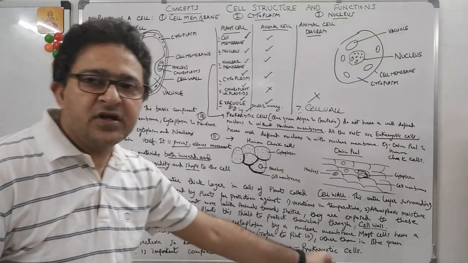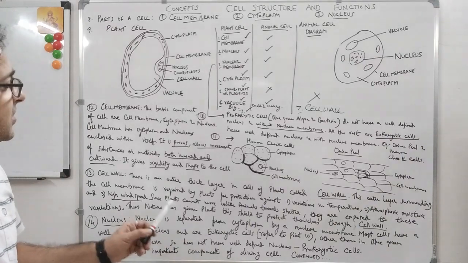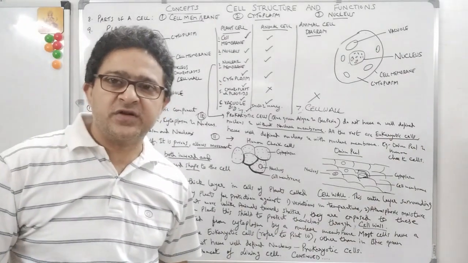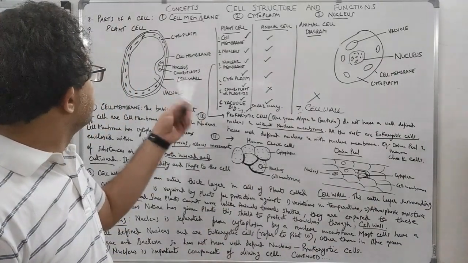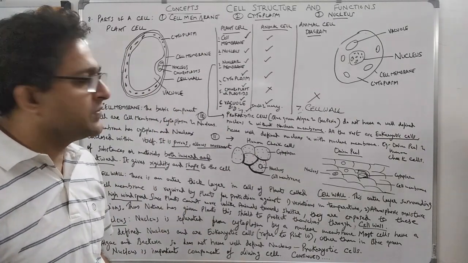Nucleus is an important component of the living cell. The only part of the chapter which is left will be nucleus, and I'll tell you about nucleus and cytoplasm, and that's the only part of this chapter left.